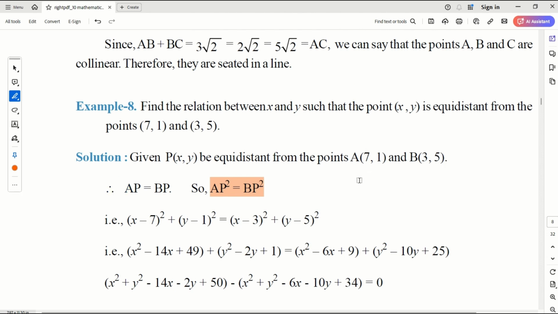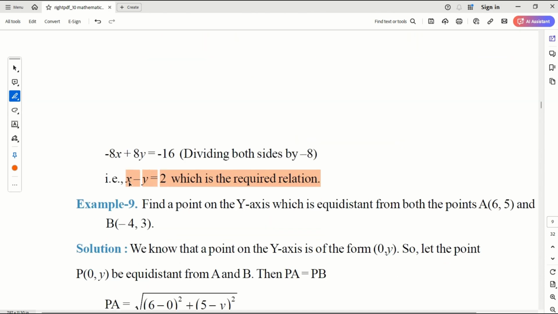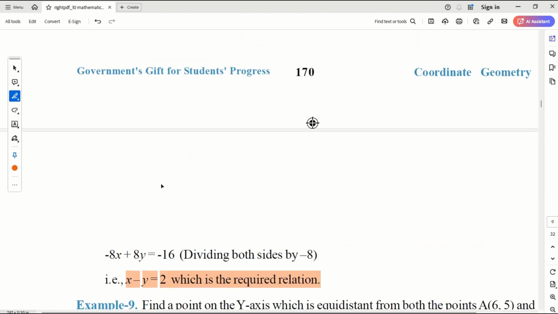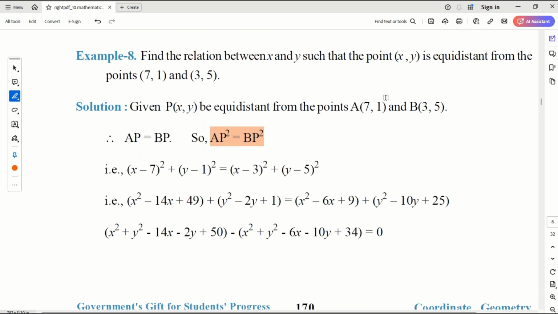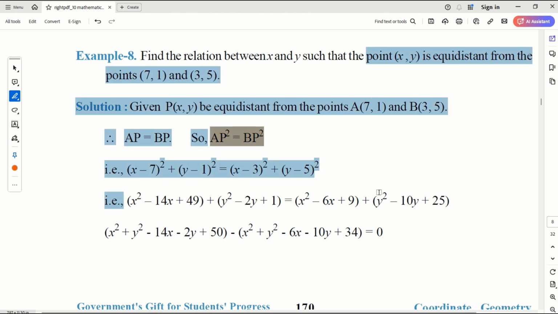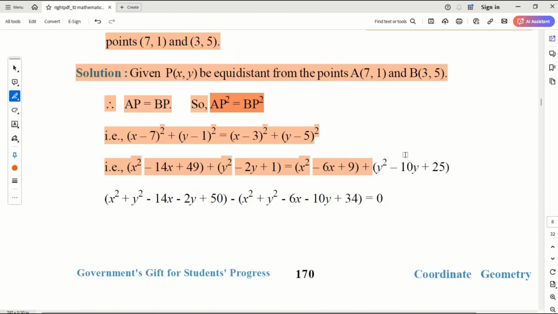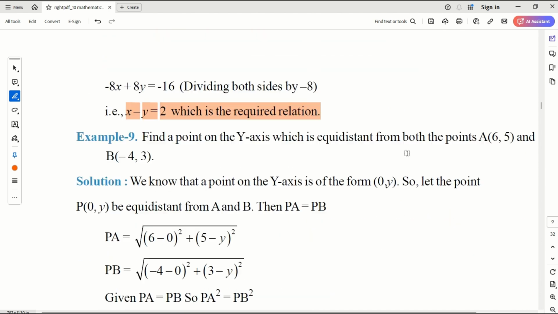As I said, this is the perpendicular bisector of AB, if you call these points A and B. It will cut it vertically. If AB is horizontal, it will cut it vertically.